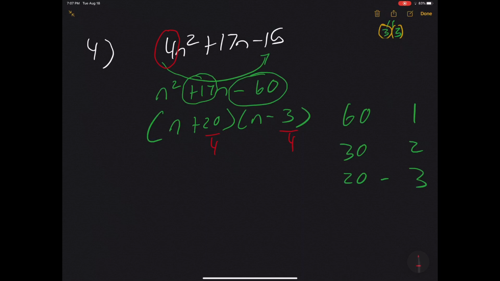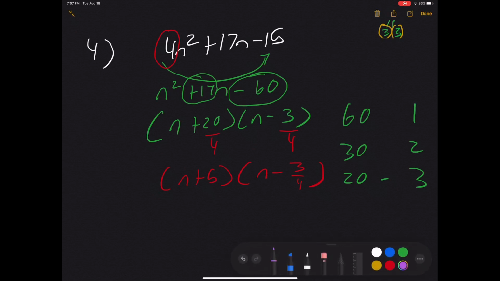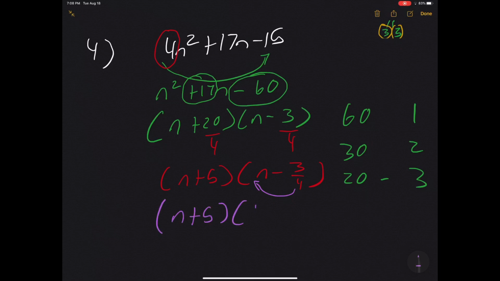This time the first term can simplify. This is n plus 5, but the second term can't. It stays as n minus 3 over 4. And our last step is to slide back. And the only thing that we can slide back is this 4 in this case. So we get n plus 5 times 4n minus 3. And that is number 4 factored.